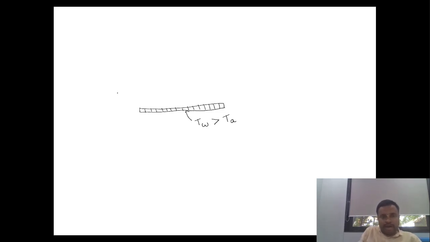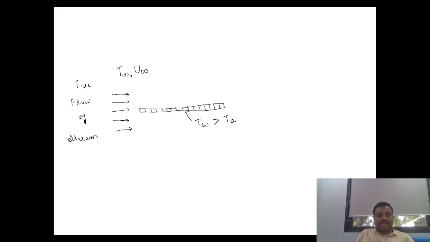Now on this flat plate there is a free flow of stream. Let us consider the temperature of this free flow of stream as T infinity and velocity as U infinity. So I am defining a physical problem.